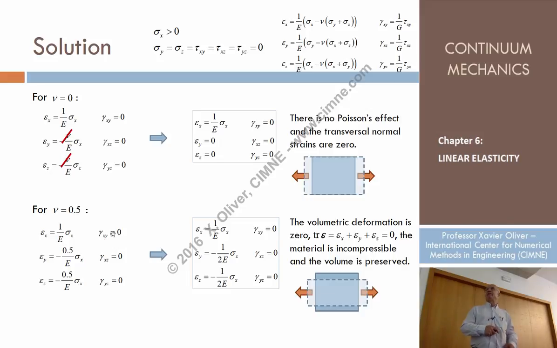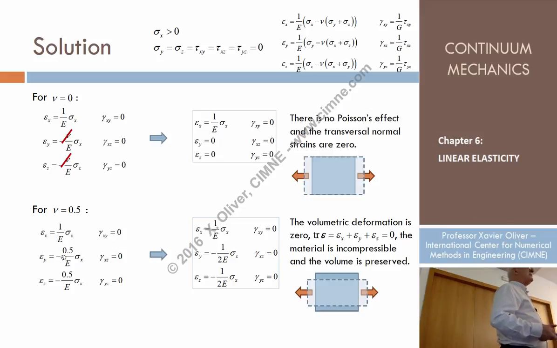For nu equals 0.5, what happens if we take the trace of epsilon x, epsilon y, and epsilon z? How much is the sum of this? Do you realize that it's 0? What is the implication of that? You remember that the volume deformation E, which is the increment of volume per unit of volume, is in a small strain theory the trace of epsilon.